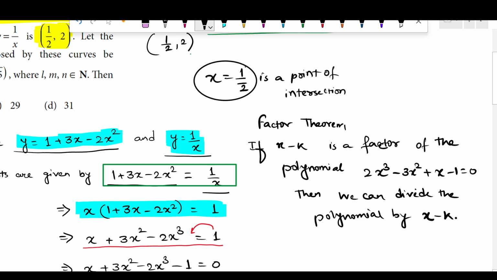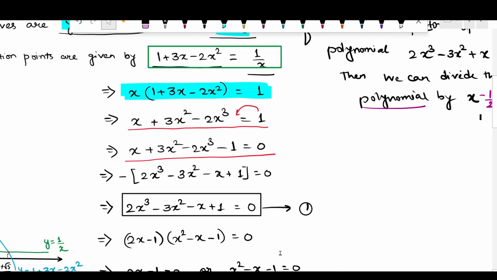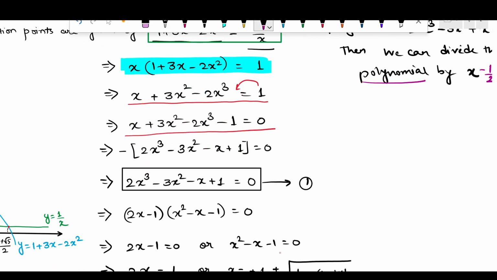Here in place of k we have 1/2, so we can divide this polynomial by x - 1/2. On further solving, we get (2x - 1)(x² - x - 1) = 0, right?